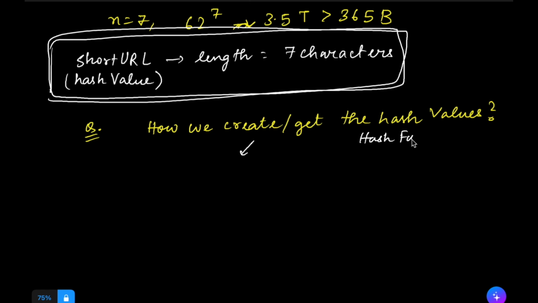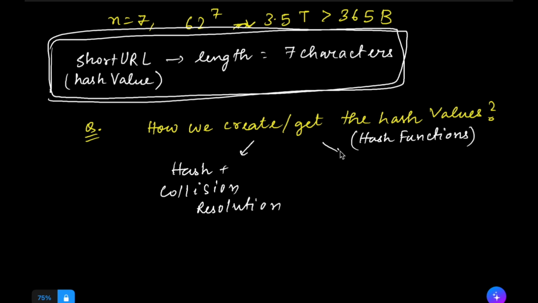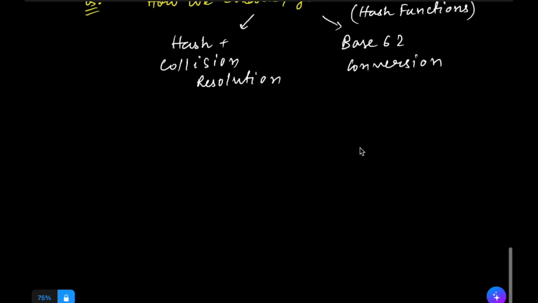We will look into two methods basically. One is hashing plus collision resolution, and another is base 62 conversion. Now let's look into them individually. First is hashing plus collision resolution.